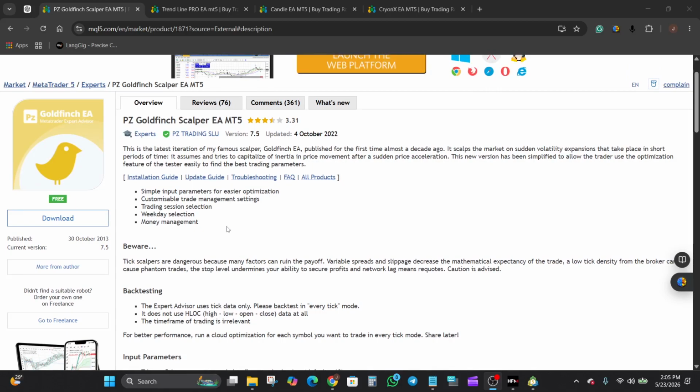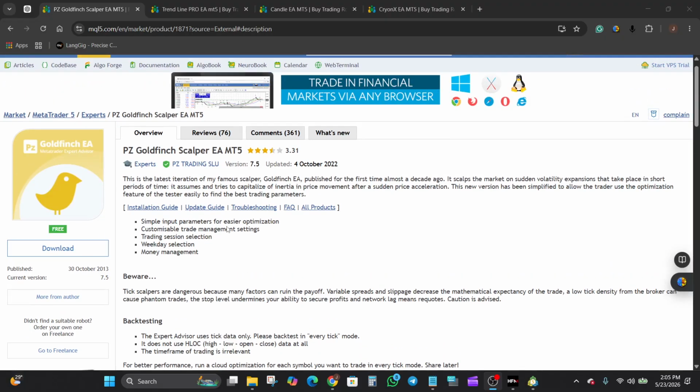Okay, looking at the description, this EA is essentially a scalper system designed to react to short bursts of volatility. The idea is that it tries to take advantage of quick price accelerations in the market where momentum builds up in a very short period of time.